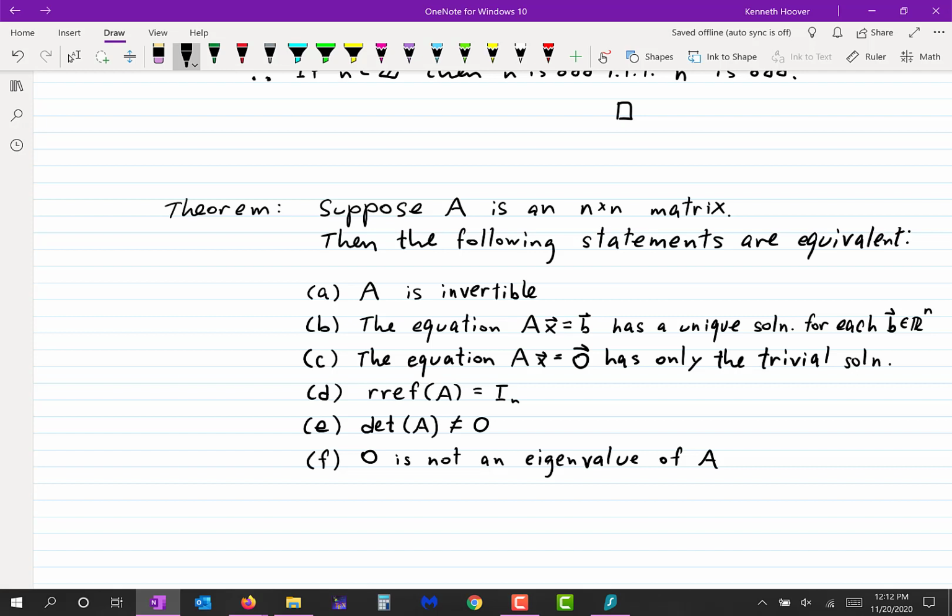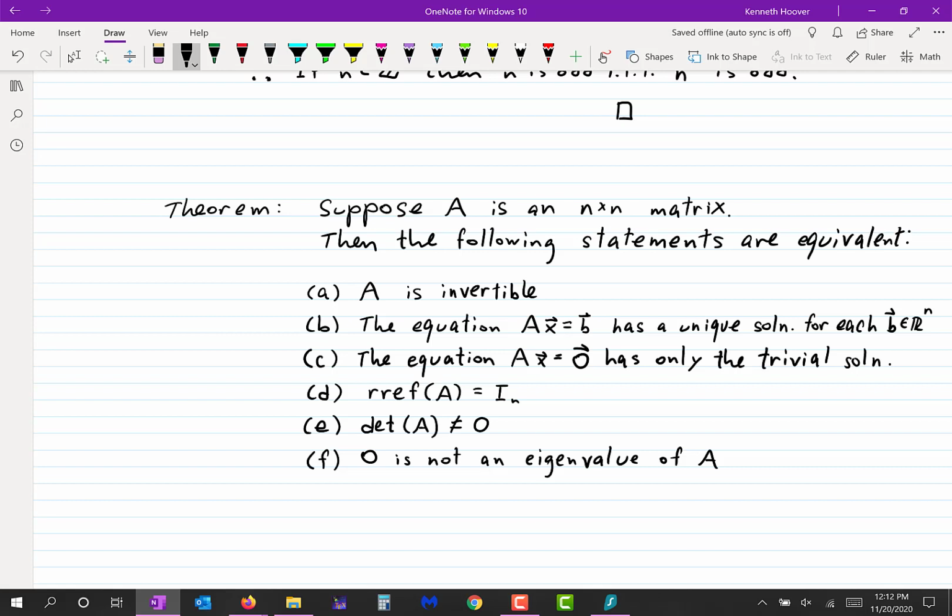Okay, I don't want you to worry at all or even spend any time thinking about those 6 statements and what they say. We're not going to prove that. We're not going to try to figure out why they are equivalent. I just want to talk about what it means to say that 6 statements are equivalent, and to prove that, what do you need to prove? So what is the theorem saying, and what do you need to prove?